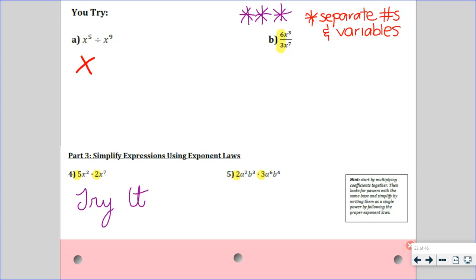So we're going to write x, keeping our base the same, to the power of 5 minus 9. Can anyone tell me what we will get when we do 5 minus 9? Perfect. All right, so we then have x to the power of -4.